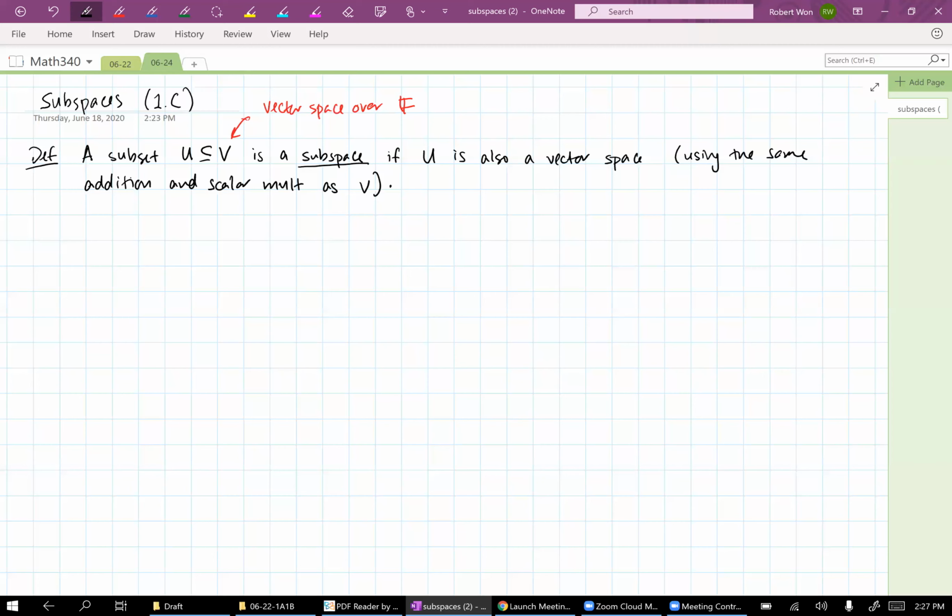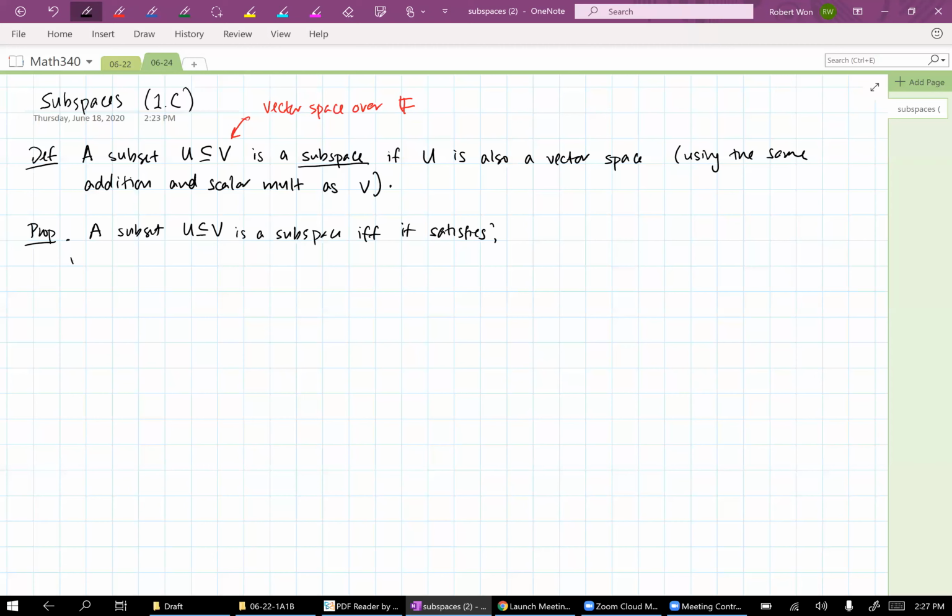Now, how can you tell if something is actually a subspace? So here's the proposition. A subset U of V is a subspace if and only if it satisfies the following 3 conditions.